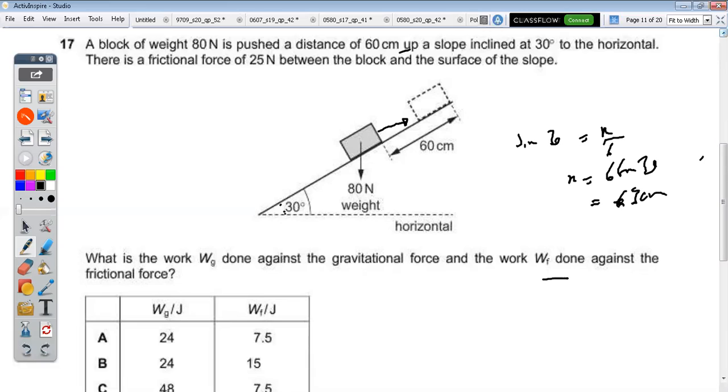Okay, let me try to make sense of this. The frictional force is 25. So you're saying 80 newtons.